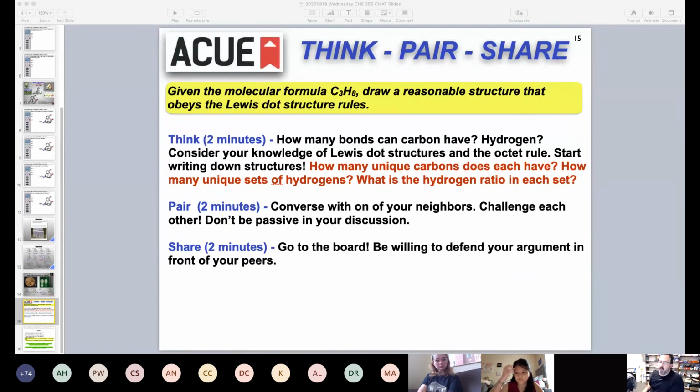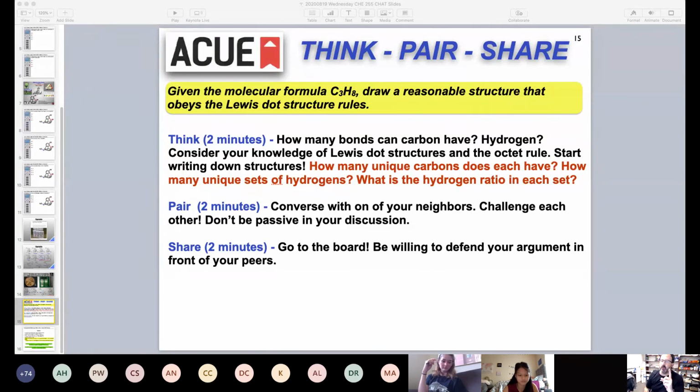So the other thing in the last couple minutes, if you're looking at your structure, you have 2 CH3 groups, and you have 1 CH2 group, right? So the terminal CH3 groups are the same type of group.